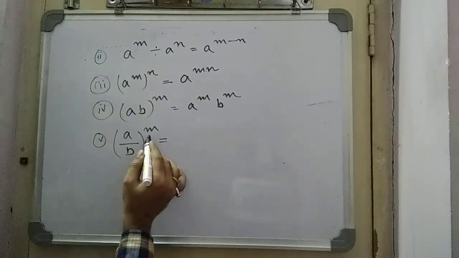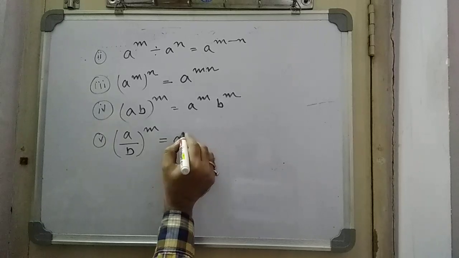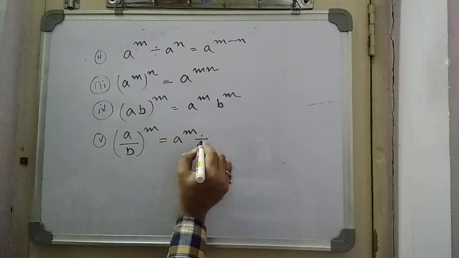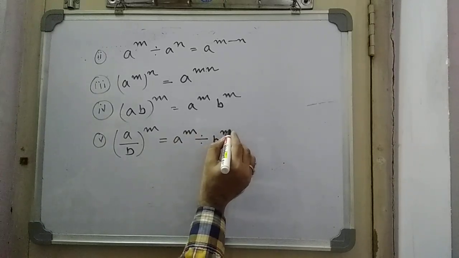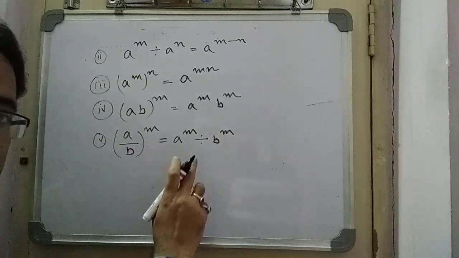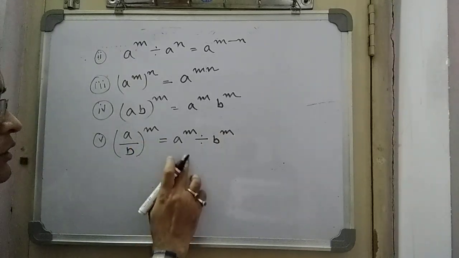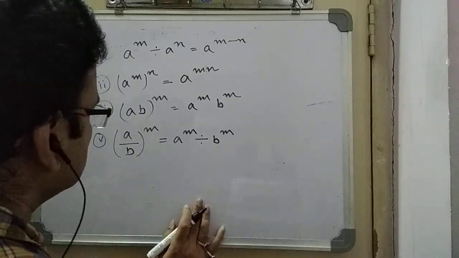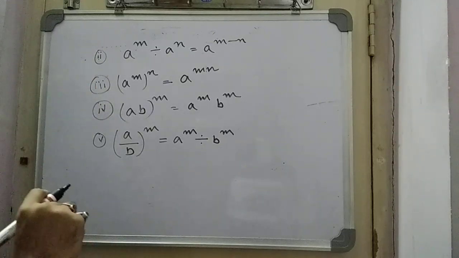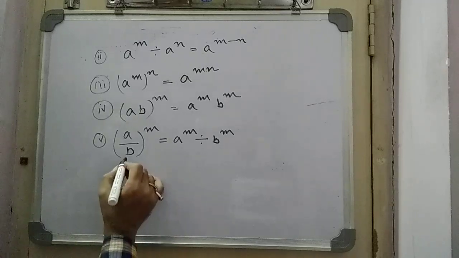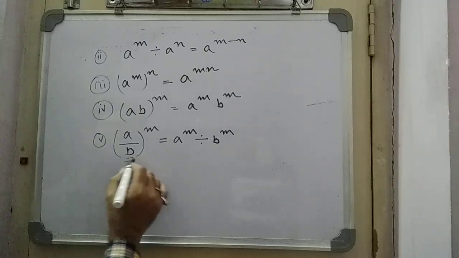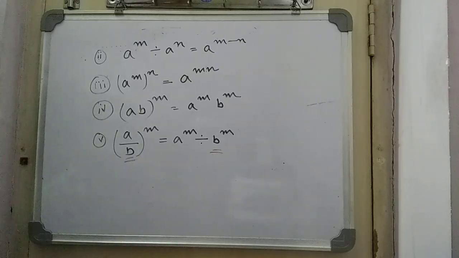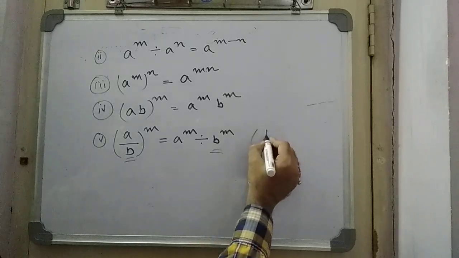Here, this means a to the power n divided by b to the power n. So here the exponent is becoming same, but the base is different. And definitely b will not be 0, that is no need to mention.